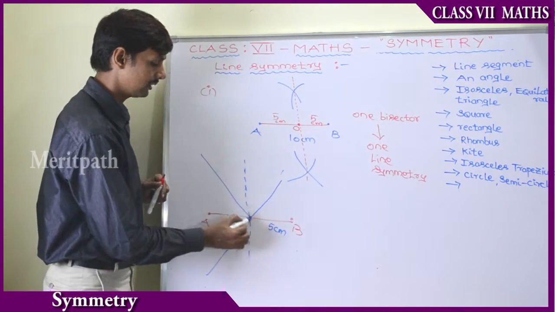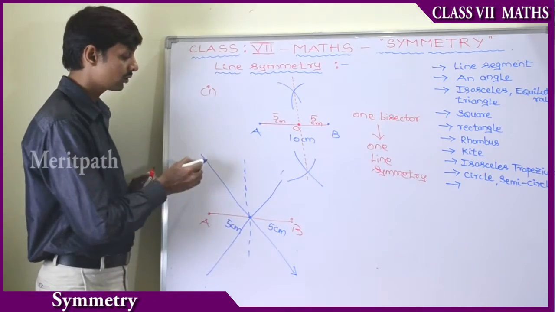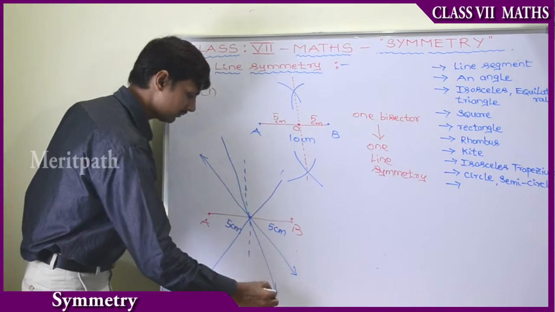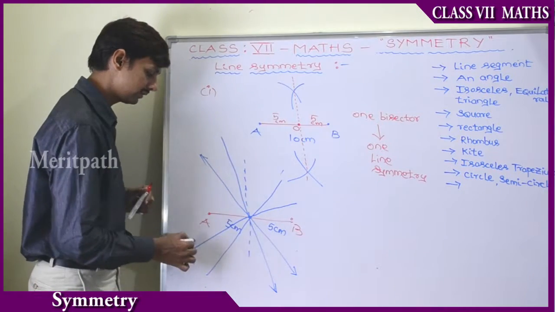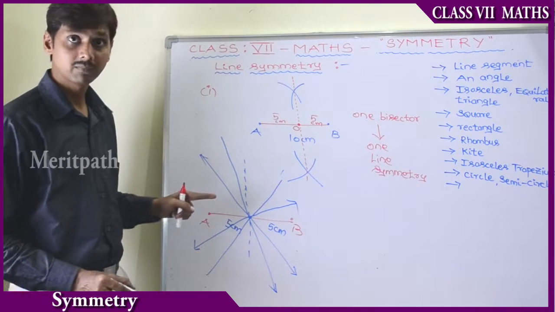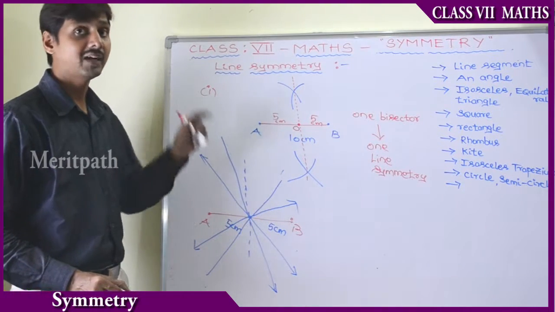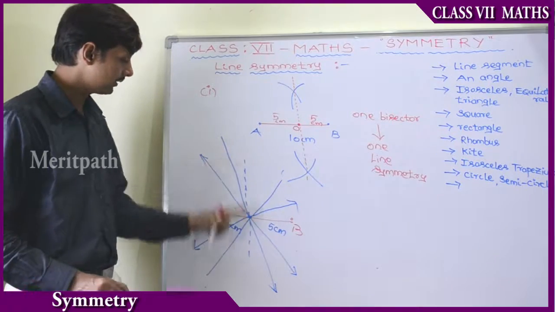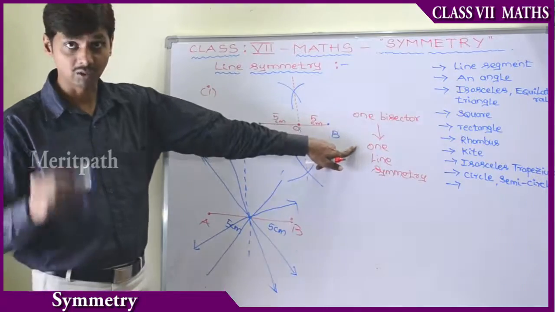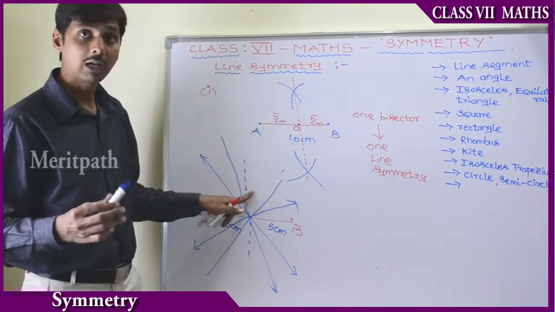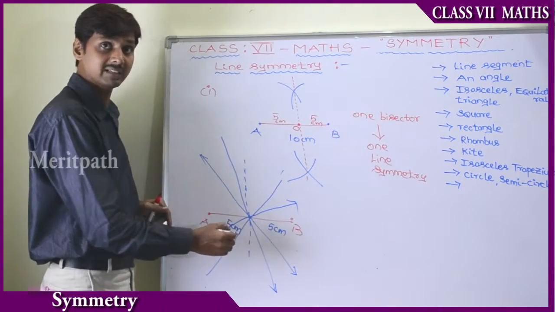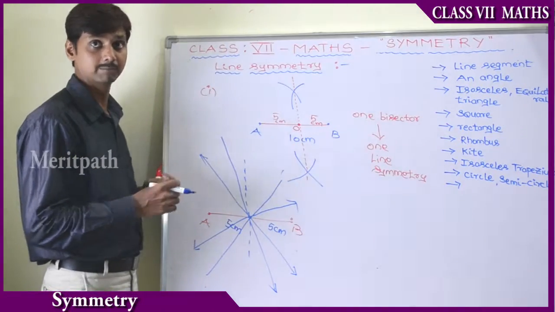We can take another line which also divides it into two equal parts. In that way we can draw infinite lines for this line segment. So what we understood is that a line segment has infinite lines of symmetry when we draw in this manner. But when we draw the perpendicular bisector, it has only one line of symmetry.